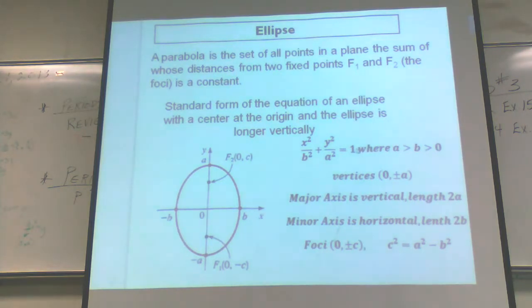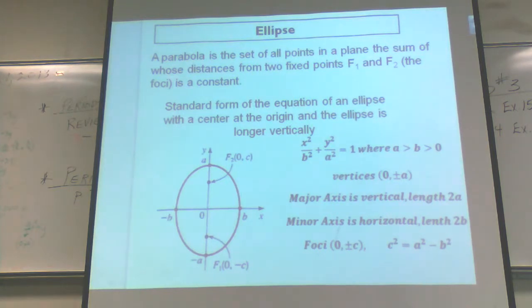Now your vertices, meaning the endpoints of the major axis, are now going to be on the y coordinate. The major axis is always the longer one, so if it's on the y-axis, you need to change the y coordinate. And then the same thing with the foci: your two focus points are now on the y-axis as opposed to the x.